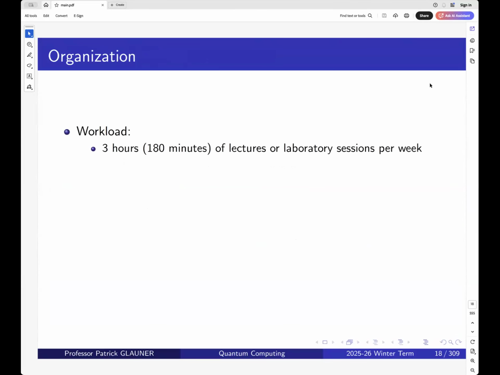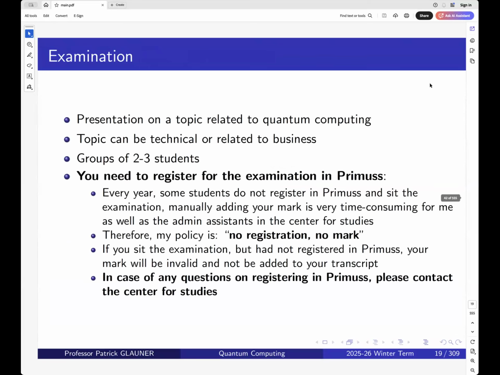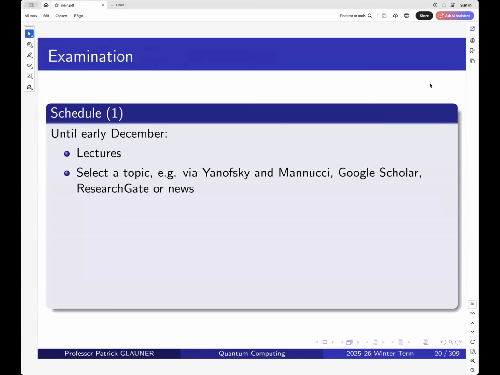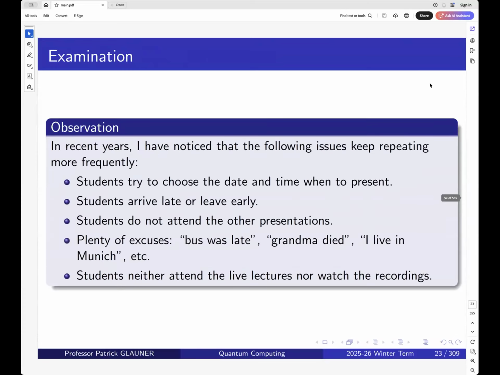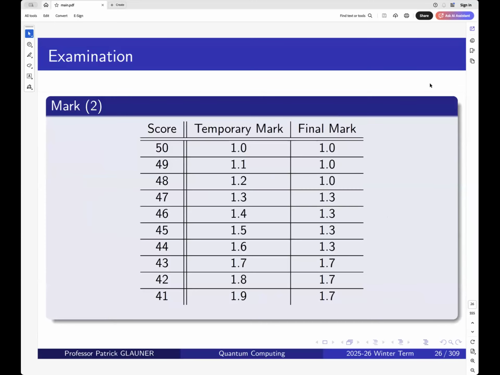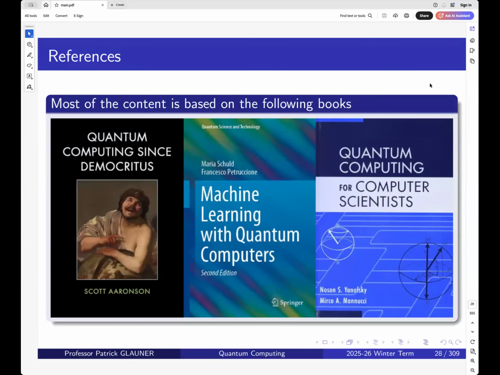We talked about the prerequisites of this course, the organization of the course, and the schedule. After that, we also looked into some of the references this course is based on. In particular, most of this course is based on Quantum Computing for Computer Scientists.